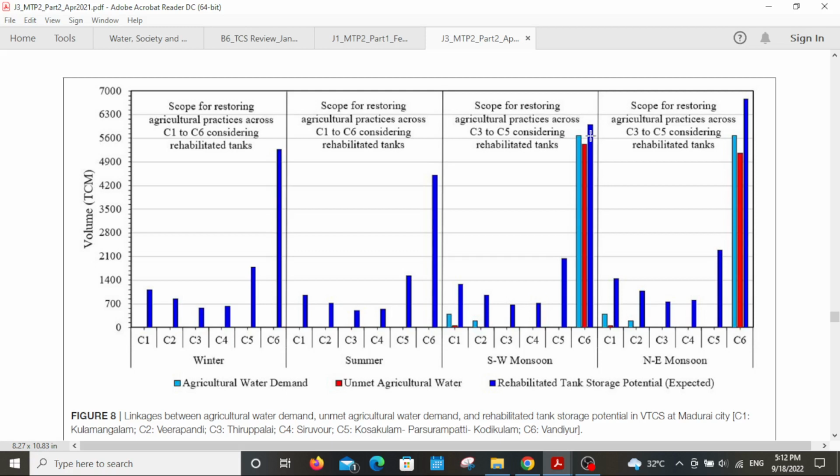I hope you enjoyed this 4-week long interaction that we did regarding water budget aspects, and we have today completed one of the real case studies of Madurai.